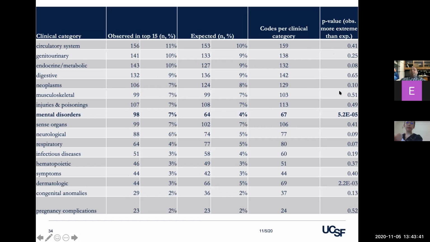And so when you do a statistical test to compare observed and expected, we find that mental disorders are the only category that are significantly overrepresented in the FEWAS results of our genes, 98 observed versus 64 expected. There's no other categories that are overrepresented. There's one dermatologic trait that is underrepresented among our genes.